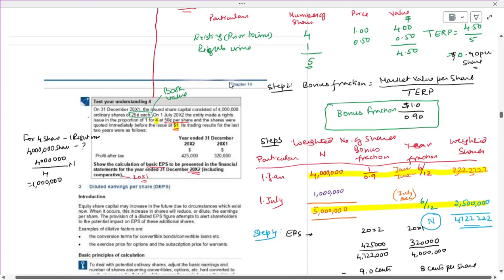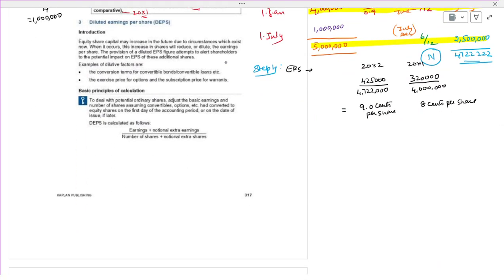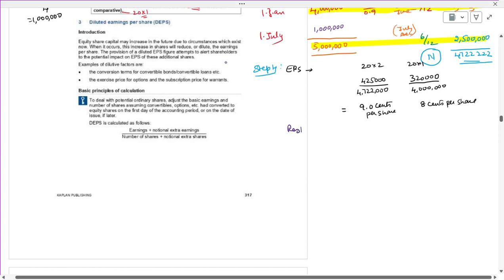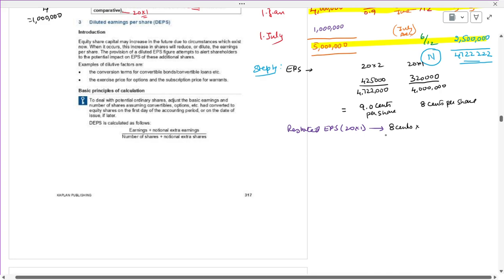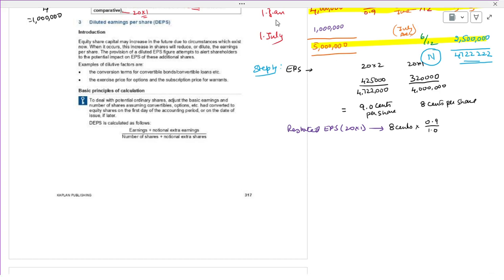Now, previous year EPS is how much? This is 2001, restated EPS 2001. 8 cents. Reverse of bonus fraction: the bonus fraction is 1 divided by 0.9, so the reverse is 0.9 divided by 1.